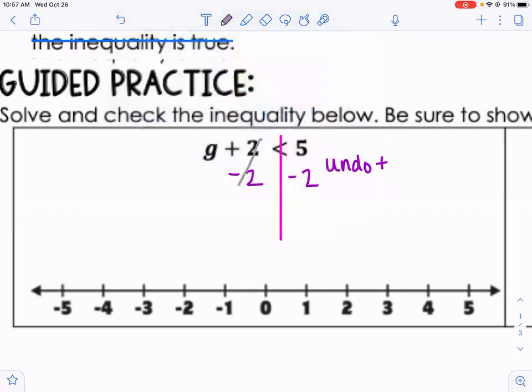So the 2 minus 2 cancel out, and we're left with G. Our sign is still less than. Oh, G is less than 3. Done with the solving.